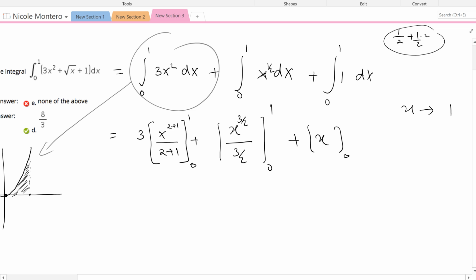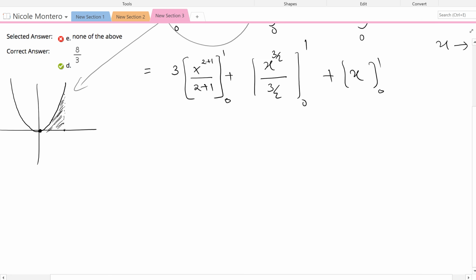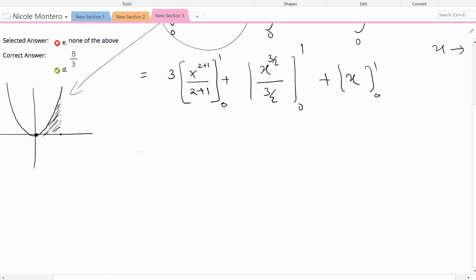Now we have limits, lower limit, upper limit. Now we do the limits. So what we do now, that is a constant, so I would prefer to write it outside, and x cubed stays inside the brackets, and then we're gonna do the limits. I'll show you how to do the limits.